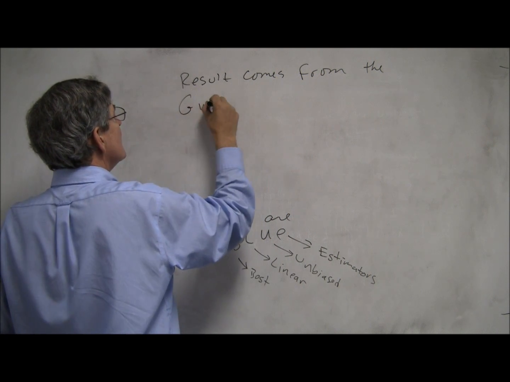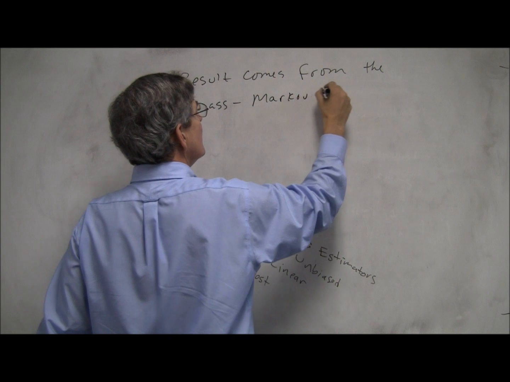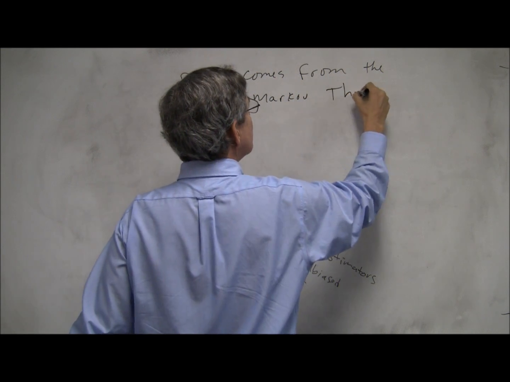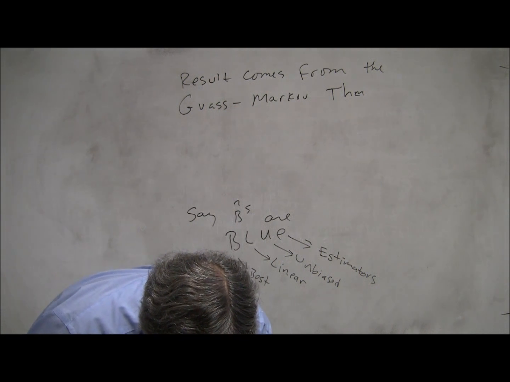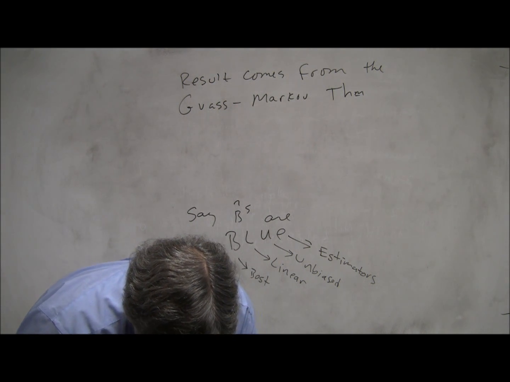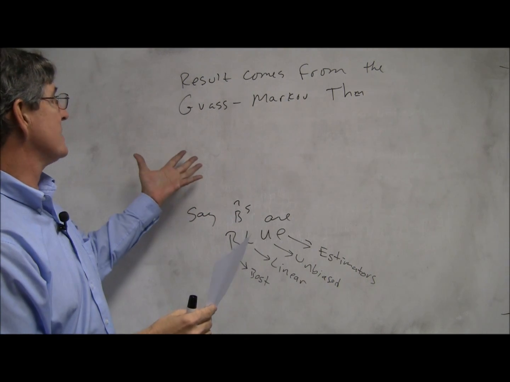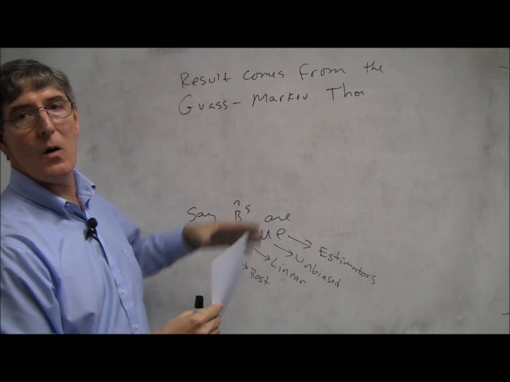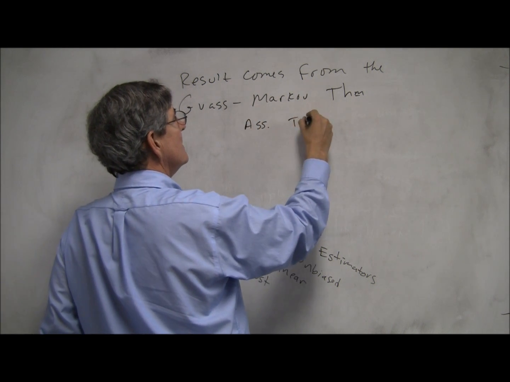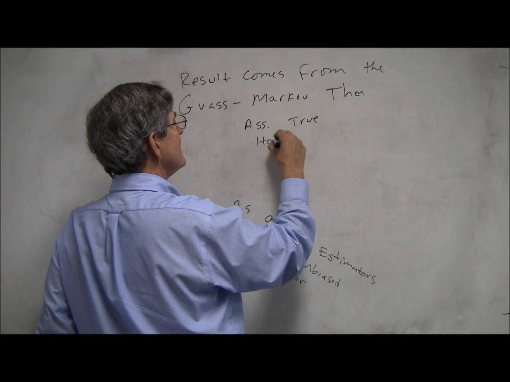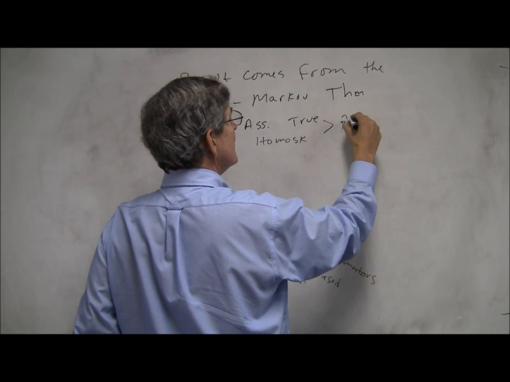The Gauss-Markov theorem. So it says, just what we just said, if the assumptions are true and the errors are homoscedastic, then the beta hats are BLUE.